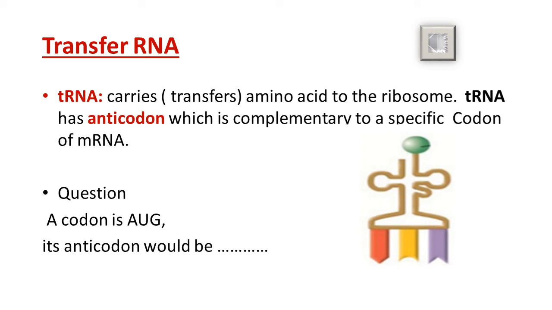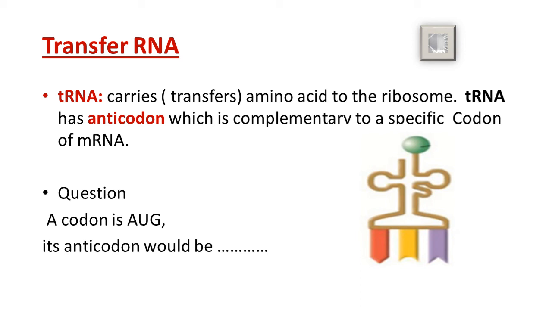You can see here the amino acid is colored green. tRNA carries an amino acid and it has a sequence of nucleotides called the anticodon. The anticodon is complementary to a specific codon of mRNA, or messenger RNA.